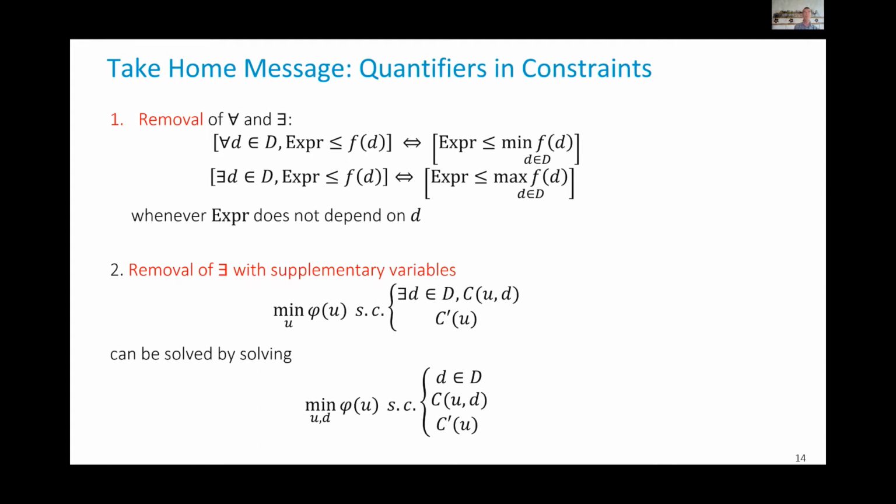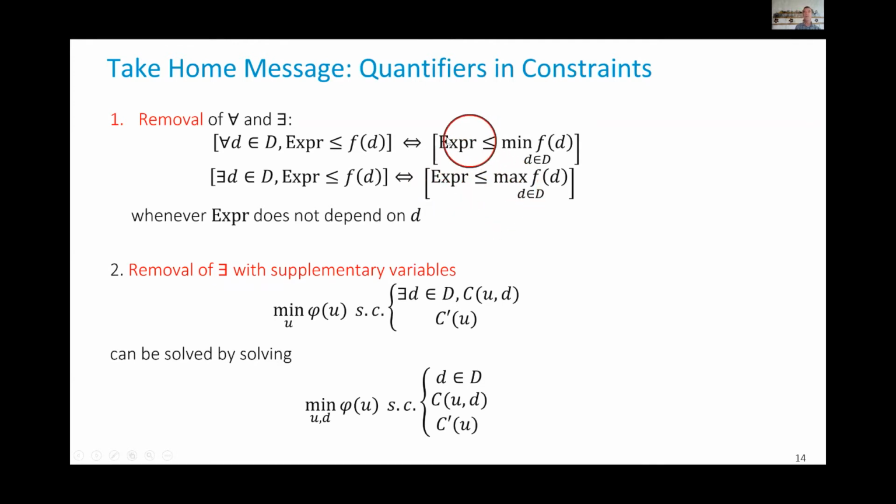So in summary, for this preparation phase, we have seen that if in constraints we have a quantifier that's truly adversarial with a for all, then this is equivalent to saying that the expression is less than the worst case, and the worst case is the minimum in this case. In contrast, if the condition is that there exists something, then it's equivalent to the expression being less than the best case, which is the maximum.